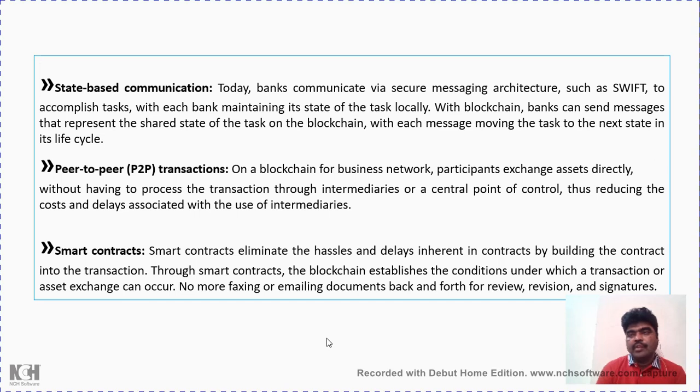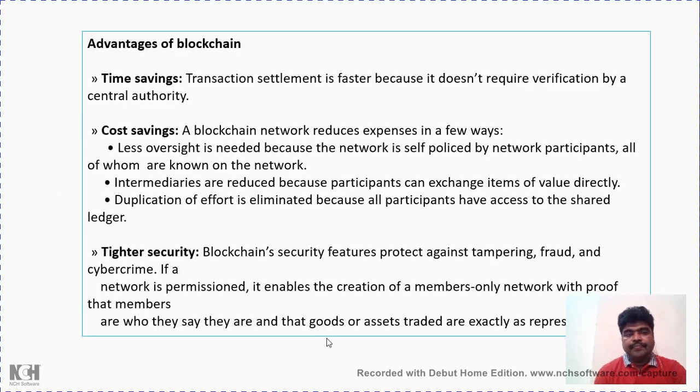Smart contracts are small programs that can be run within the blockchain. They are the agreements or contracts, which remove manual reviews, revisions, and signatures. Smart contracts will be helpful in this way.